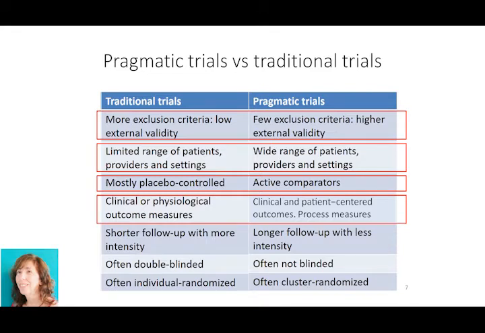In traditional trials, we measure clinical or even physiological outcomes to measure efficacy, while in pragmatic trials, we also measure clinical outcomes, of course, but are more focused on patient-centered outcomes and process measures that help us better understand how different interventions or strategies of implementation work.